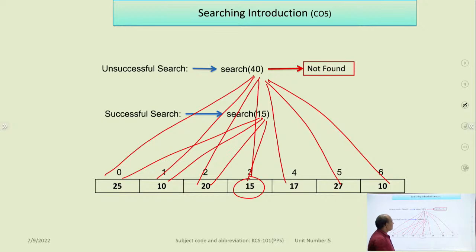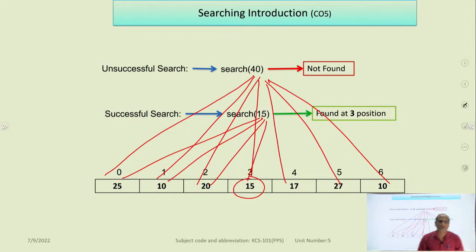So this search is successful, meaning this data 15 is present at position 3. If the data is found, the search is successful; otherwise, if it is not available, the search is unsuccessful.